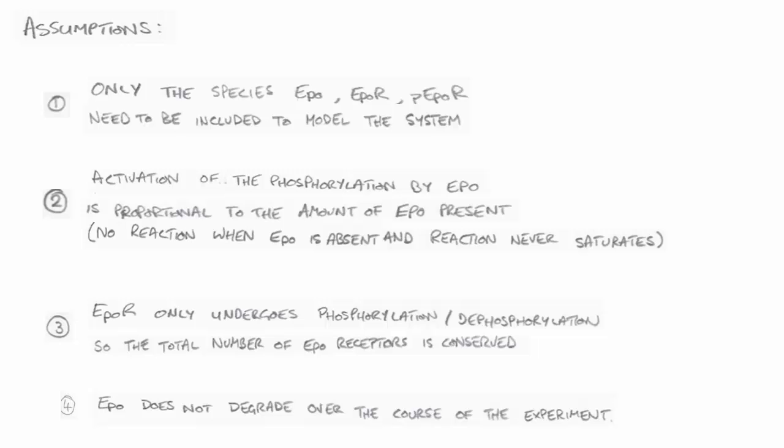Having made those assumptions, some of those might be testable experimentally. So in addition to measuring the level of phosphorylated EPO receptors, you could also model the amount of EPO in your system, and that would be a way of testing assumption 4.